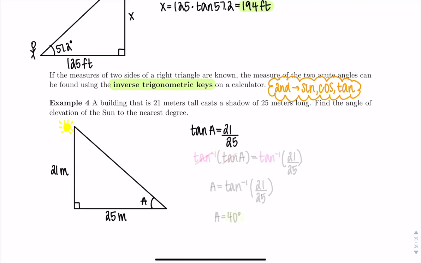Now to undo the tangent, we use the inverse tangent. And so the inverse tangent looks like a tan with a -1 power of our function. And what we do to one side, we have to do to the other.